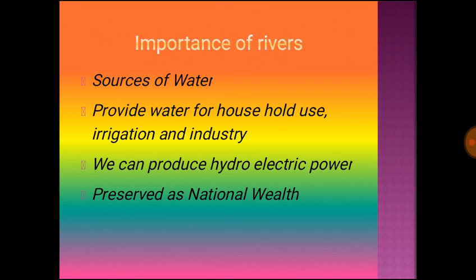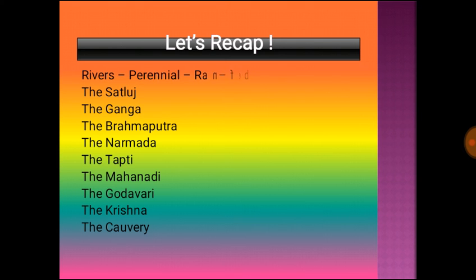Dear children, we come to the end of the class, so let us recap what we learned today. In India, the rivers are divided into two types, the perennial rivers and the rain-fed rivers.